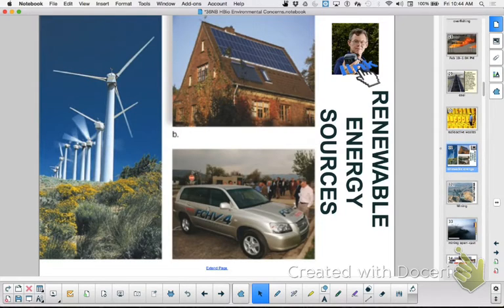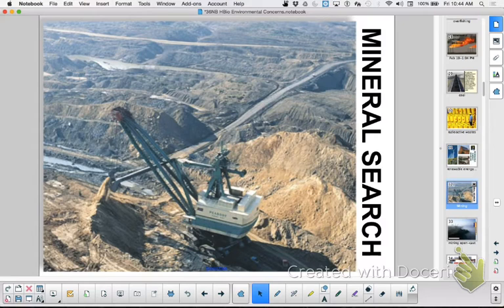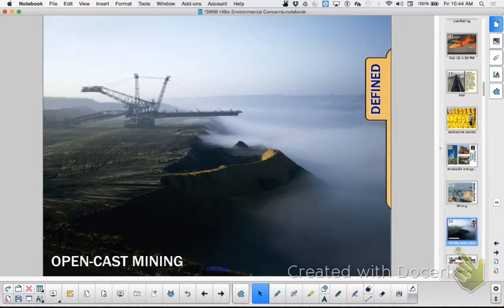Land, water, food, energy. What's next? Minerals. And we said the concern there is just the way we go about mining those types of minerals and the destruction to the environment as a result of the mining. And we looked at open cast mining.